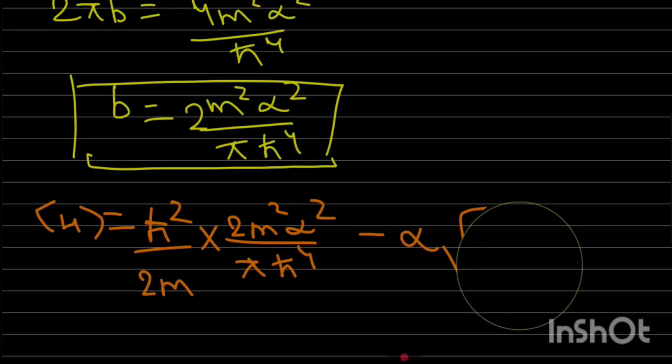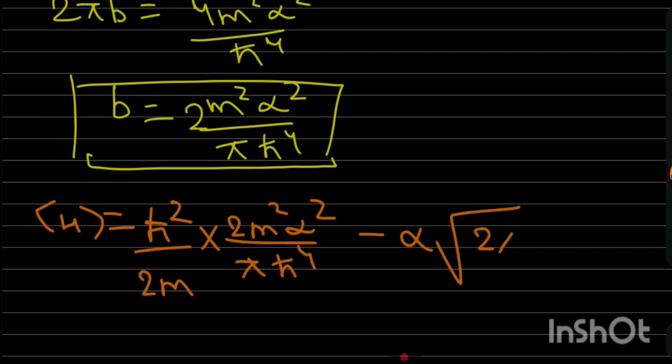I am going to put the value of b here, which will be the square root of 2 into 2m²α² divided by π²ħ⁴.